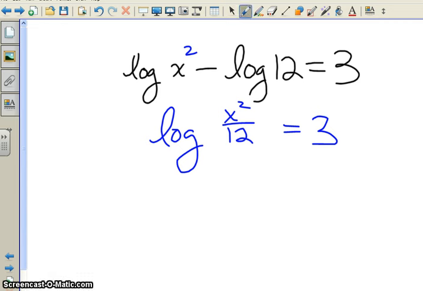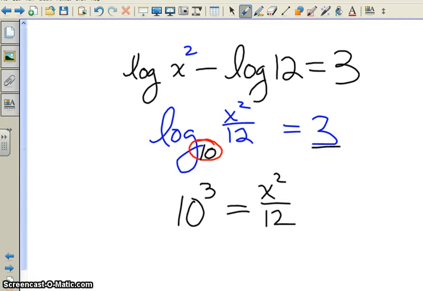But in order to turn this into base exponent equals answer form, we need to know what the base is of this log. There's nothing there. So that means that this base is a 10. And now when I go base of 10, exponent of 3, that should equal my answer, x squared over 12.